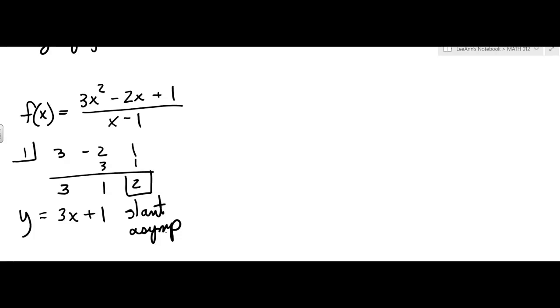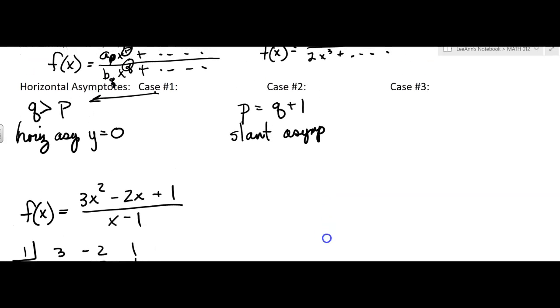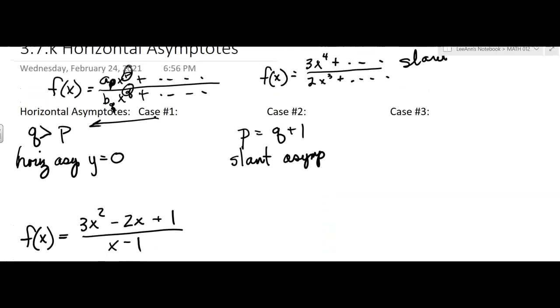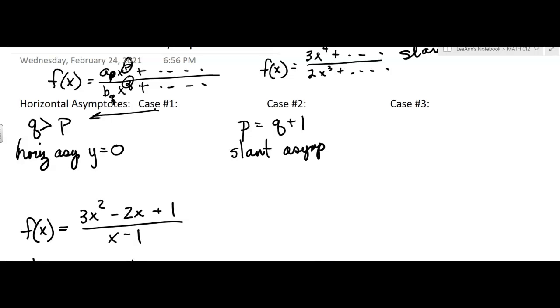Now you might be saying, well, what if it's 2 more? Then we don't have a horizontal asymptote or a slant asymptote. I don't know that they mention that in this book, but that's what happens. So, case 1, case 2, case 3. Okay, in case 3, the 2 degrees are the same.